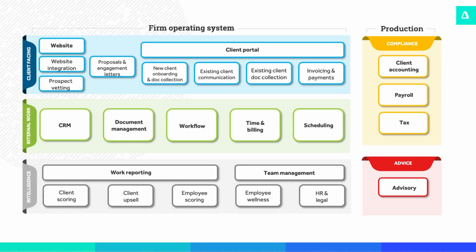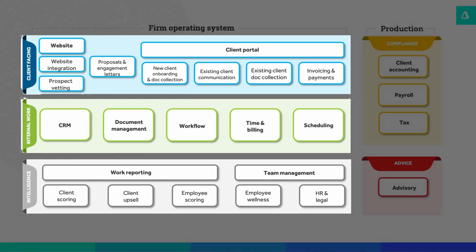The other half of your firm, the firm operating system, is everything else your firm has. It's managing your customers, doing proposals and engagement letters, onboarding new clients, managing documents, invoicing clients and getting paid. It's your workflow, and reporting on all of this. To date, that's been really splintered.